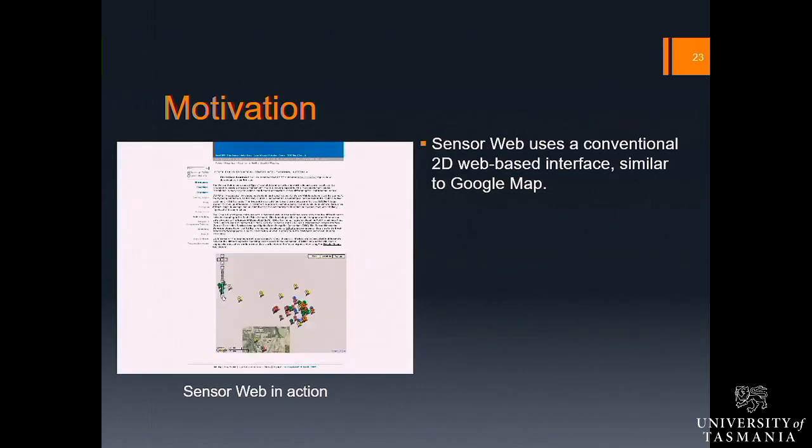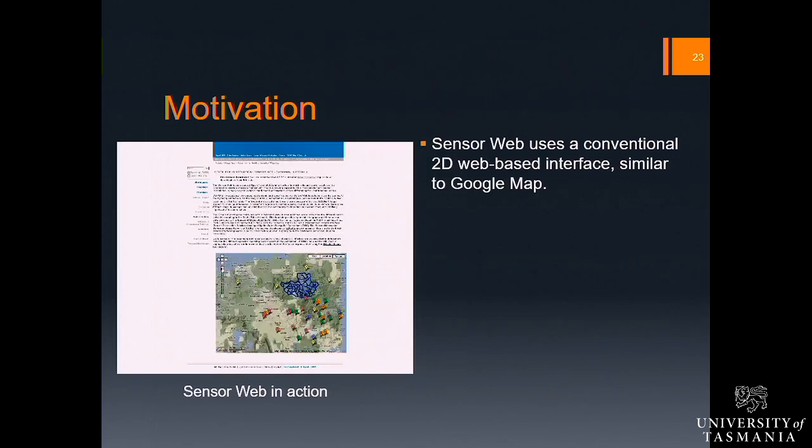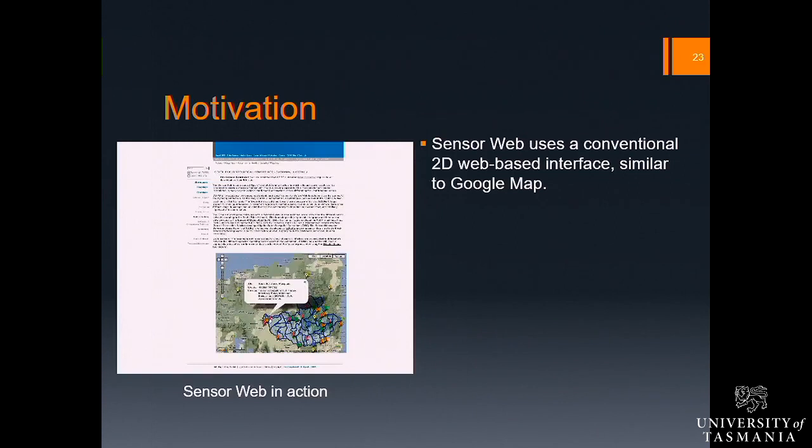I'm not sure you can see that, it's a little bit small. So this is a screen capture of what their web looks like. These are data scientists. They go through different sites, they click on it, and depending on which site they click, different sensors will show up.